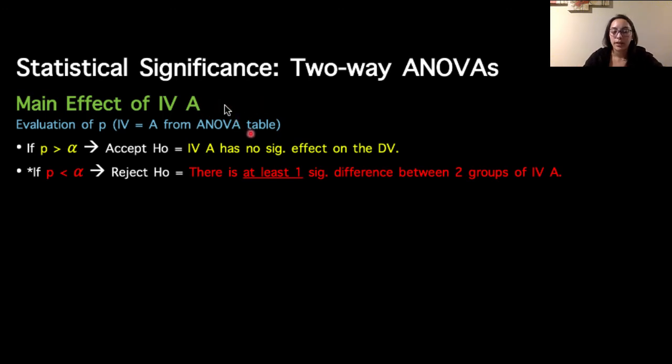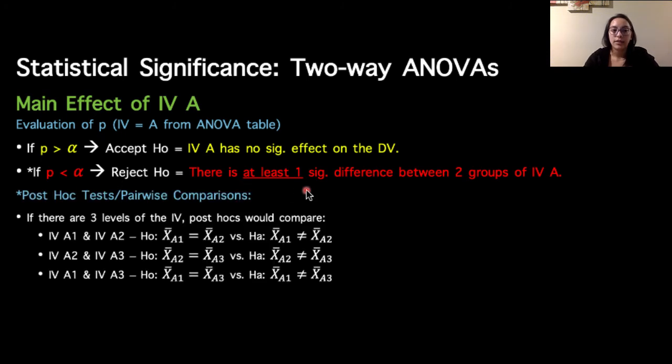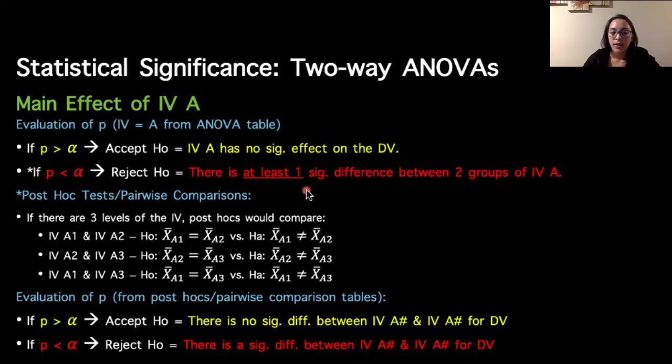But once we go to the appropriate ANOVA table, we can then determine if we have a significant main effect of independent variable A. If we do not have a significant effect, we stop our analysis for that variable and we say that there is no significant effect of independent variable A on our dependent variable. If, however, we do have a significant main effect, then we need to look at our post hoc tests to see where the differences lie. And then once we evaluate the post hoc tests, we see if we have significant pairs or not.